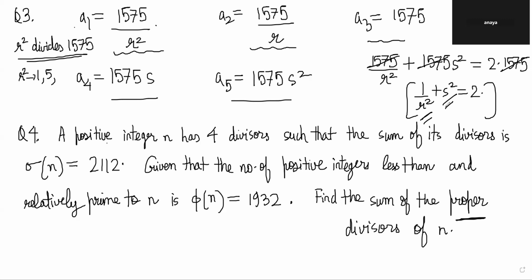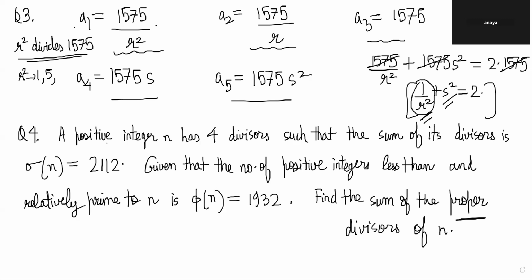Actually it cannot even be 5, right? Wait, R square could be 5 because 1 by R square has to be less than 2, right? But bigger the number, 1 by R square is going to be smaller. But then wouldn't S square have to be like 48 by 25? So that is what you have to check, that it has to be an integer. Okay.